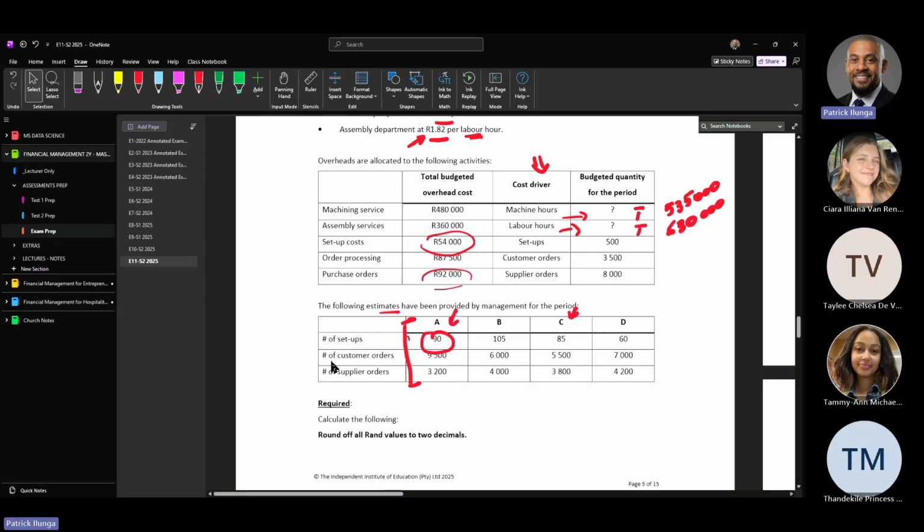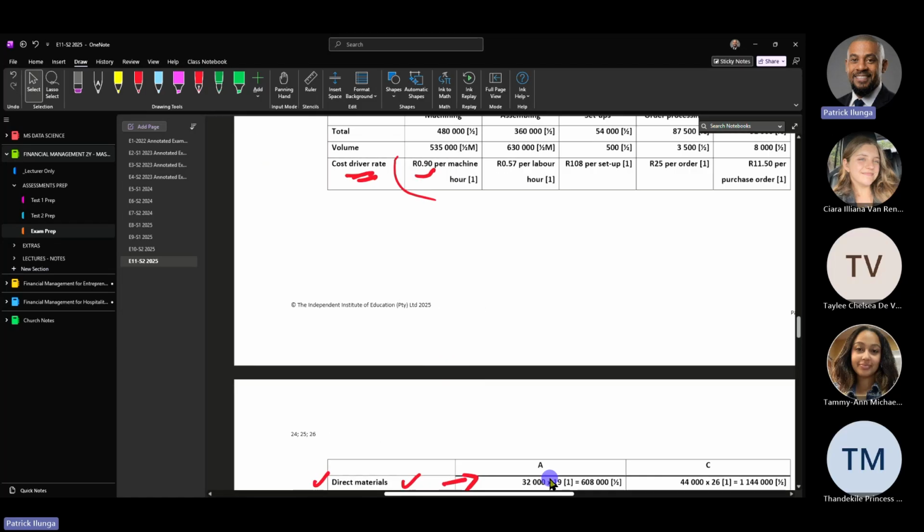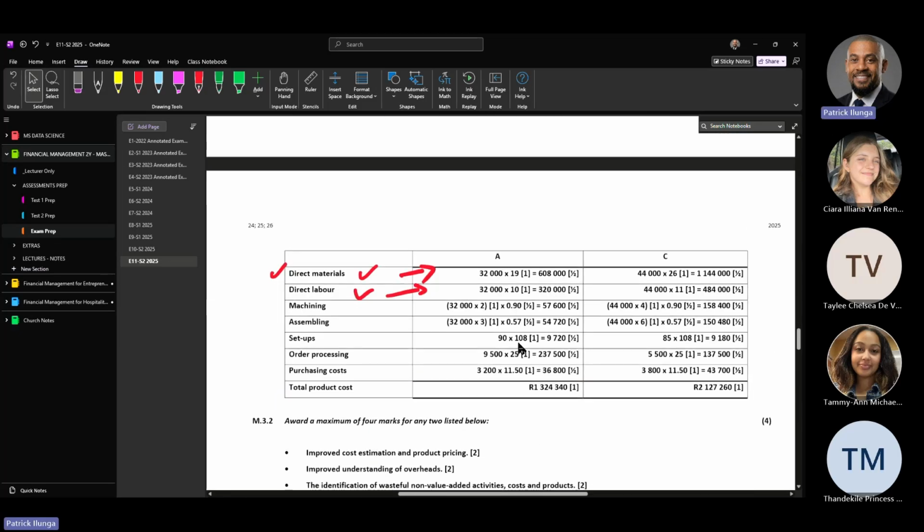So these that you are seeing, these are actual. So meaning that during that month or during that year, the setups for product A were 90. So you will take the budgeted cost driver, multiply by the actual setups, right? And that's what you see they have done here. So from setups, order processing, and order purchasing, as you can see, it's clear.